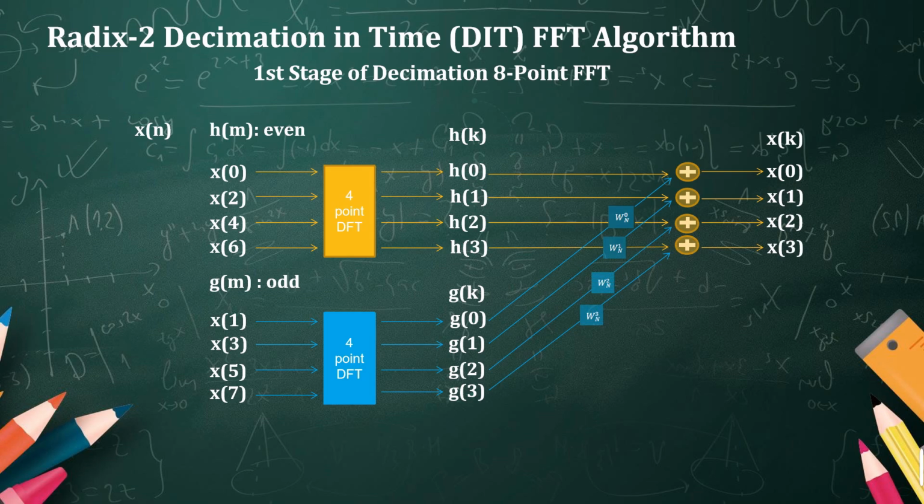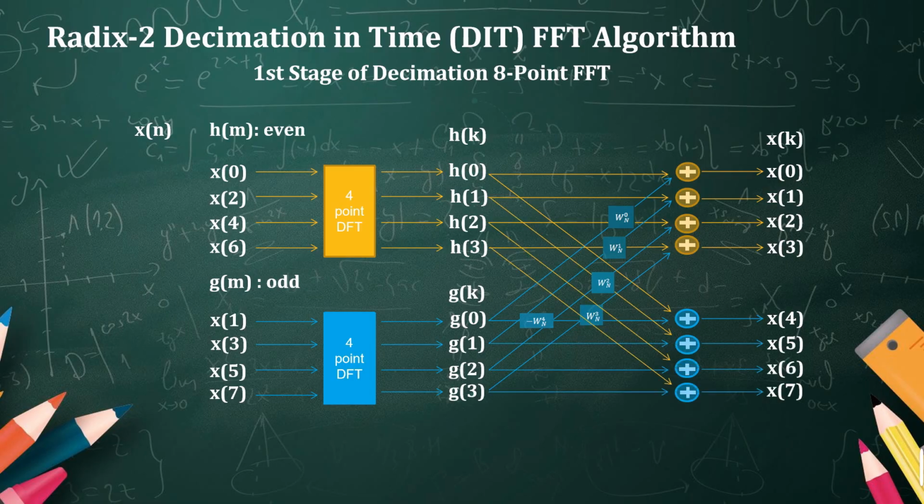Next, for the lower samples, H0 minus W_4^0 times G0 and the result is X4. The same goes for X5, X6 and X7 with different twiddle factors, that is negative W_N^5, negative W_N^6 and negative W_N^7.